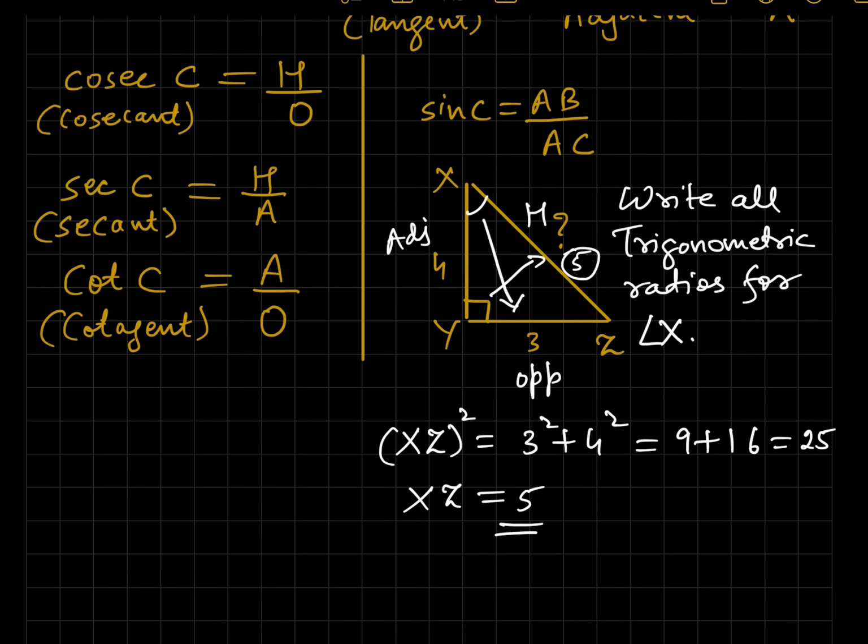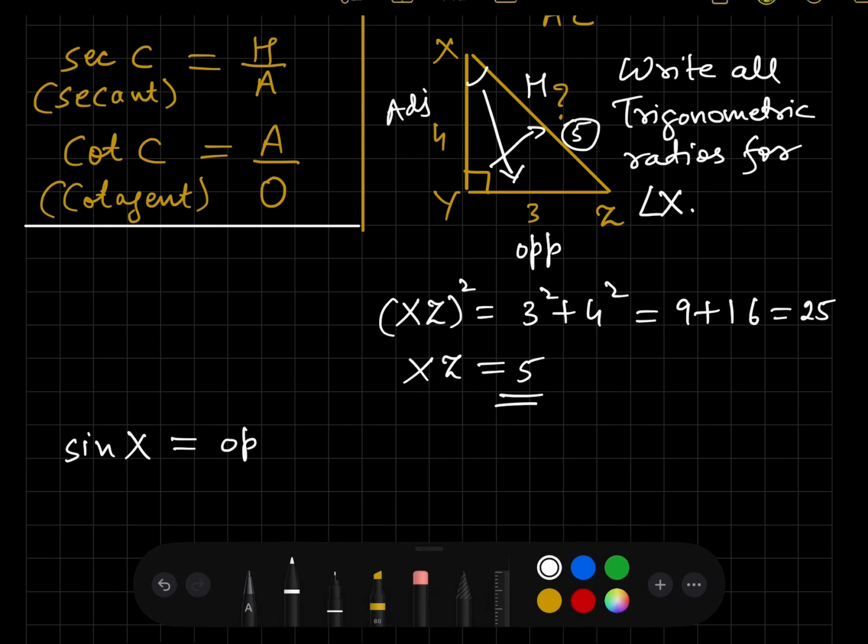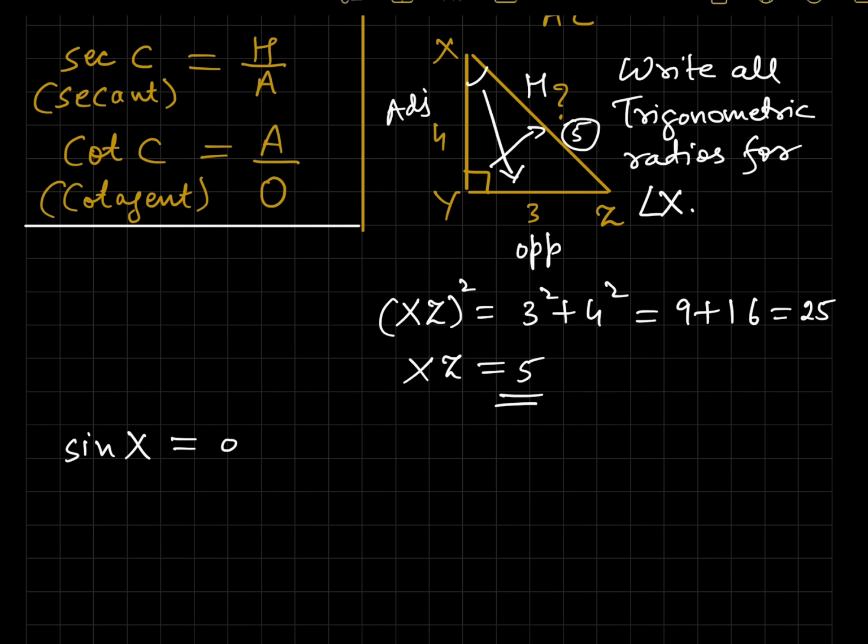Now we can write our ratios very easily. Let us write first of all sine of x. Sine x would be opposite over hypotenuse. Opposite is 3, hypotenuse is 5.